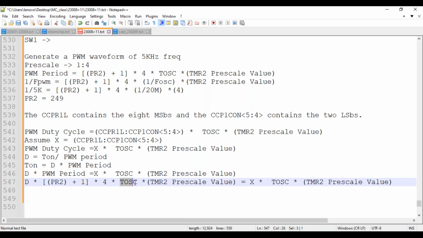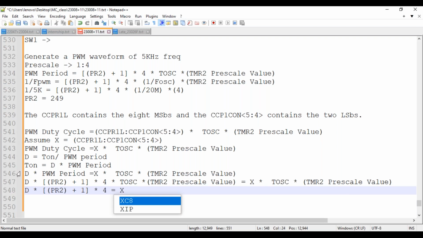T oscillating frequency and TMR2 prescalar value get cancelled by each other. So I'll be left with this much on the right hand side, equal to X. Correct? So X is nothing but D multiplied by (PR2 plus 1) multiplied by 4.